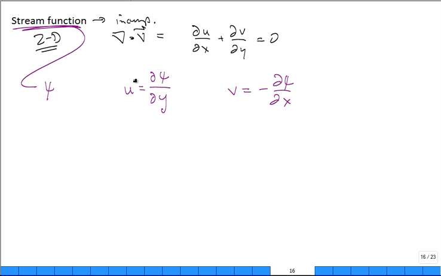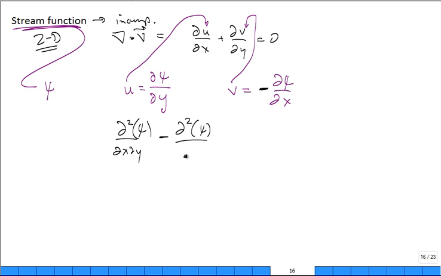Just stick u in here and v in there, and what you find is that the mixed second derivative of the stream function minus the same second derivative, that's why the minus sign is there, is always going to be 0. And so they made the observation, we look for a stream function that describes our two-dimensional, incompressible, steady flow field.